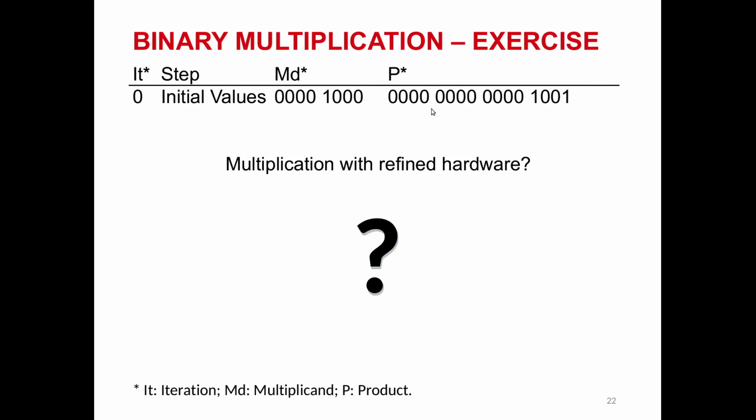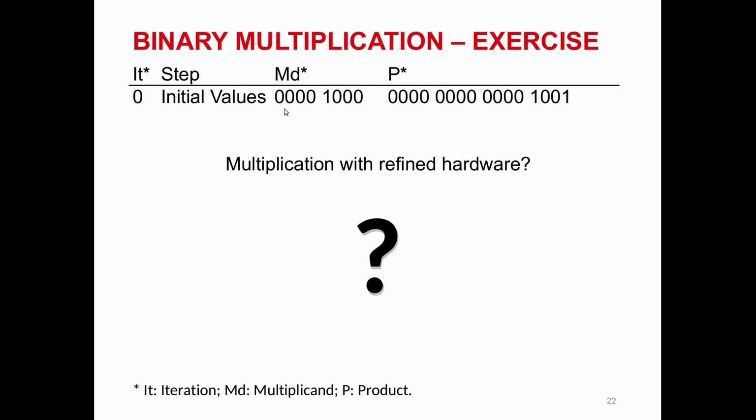And we have the initial value for product, the higher part, the left part of the product P is 0 as initial value. The lower part, the least significant 8 bits, will be initialized by the value of multiplier MR, which is 0, 0, 0, 0, 1, 0, 0, 1, and it is value 9 in decimal.